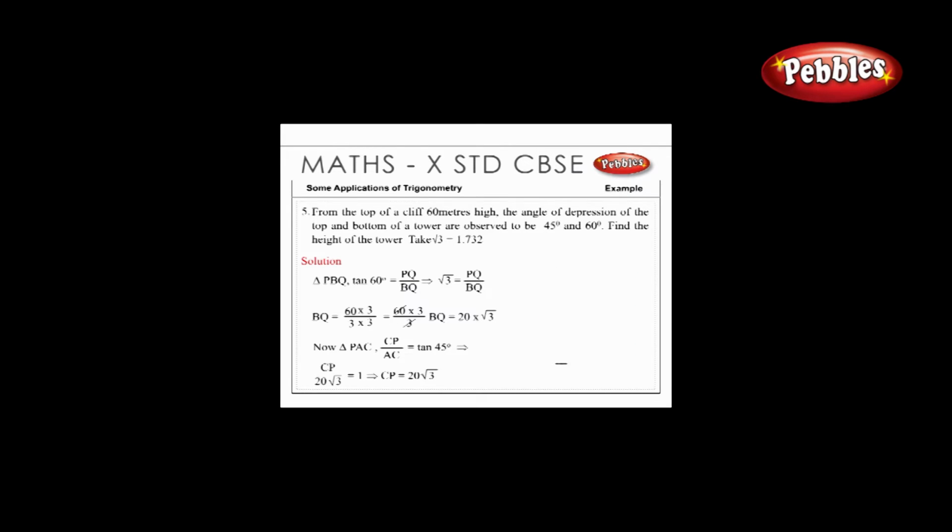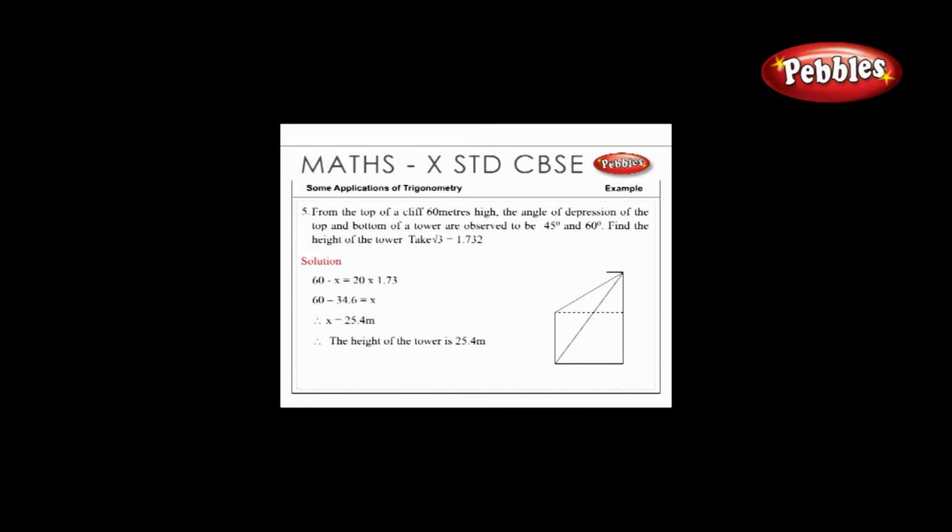Now, in triangle PAC, CP by AC is equal to tan 45 degree, implies CP by 20 root 3 is equal to 1, implies CP is equal to 20 root 3. 60 minus x is equal to 20 into 1.73. 60 minus 34.6 is equal to x. Therefore, x is equal to 25.4 meter. Therefore, the height of the tower is 25.4 meter.